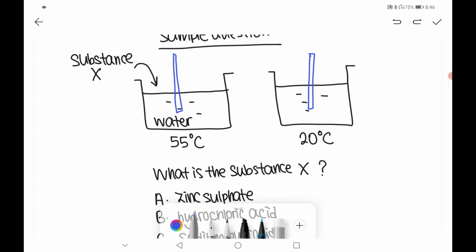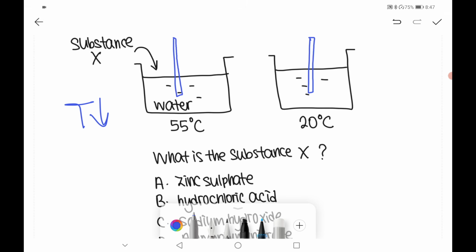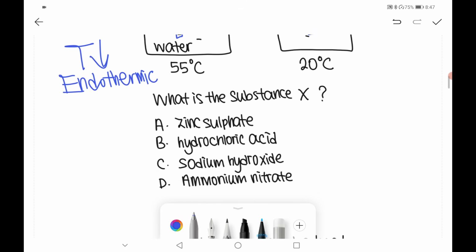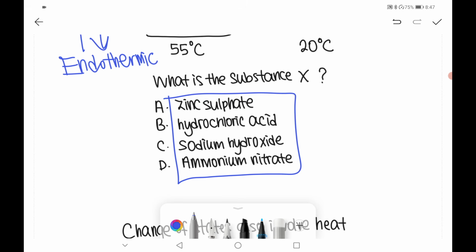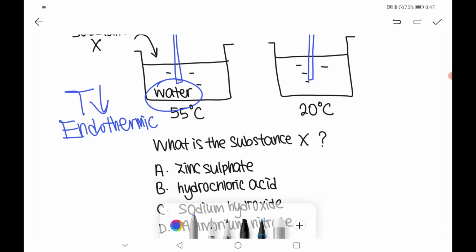You can see the temperature decreases. Remember, when the temperature decreases, it is an endothermic reaction. So which substance, when dissolved in water, will cause an endothermic reaction?